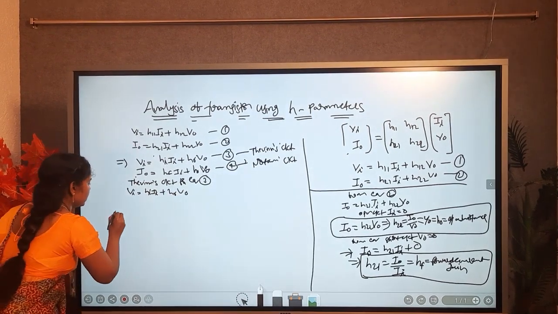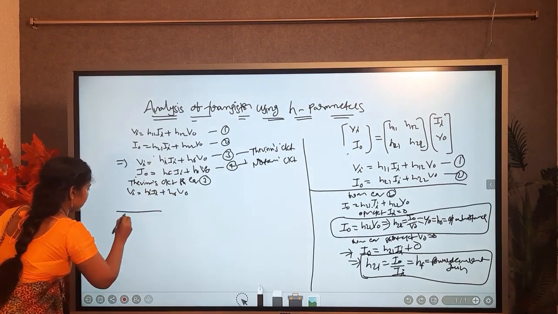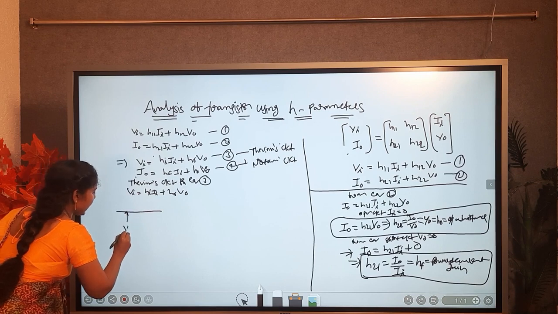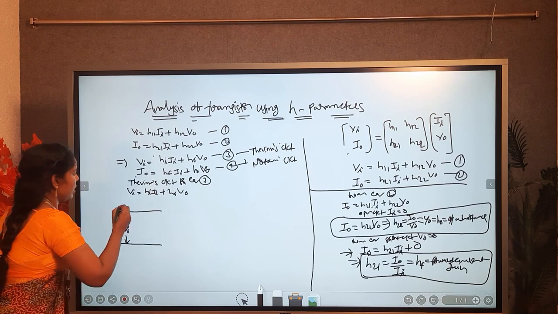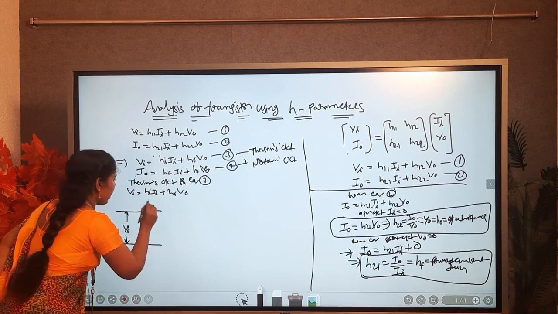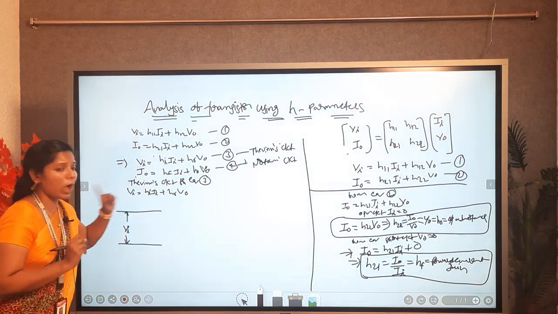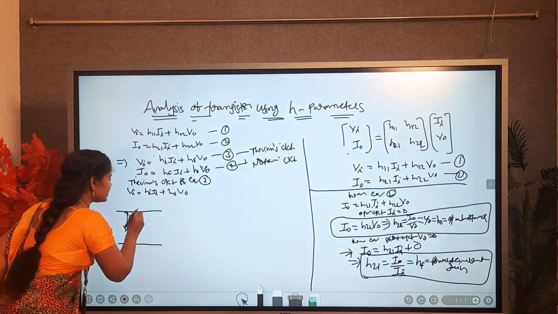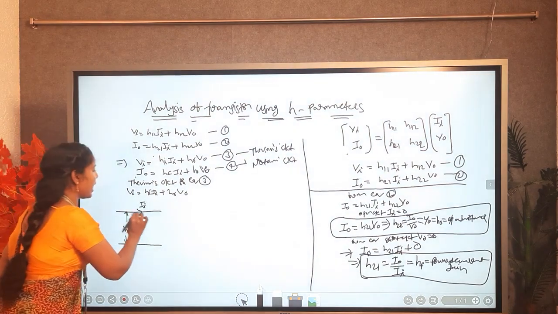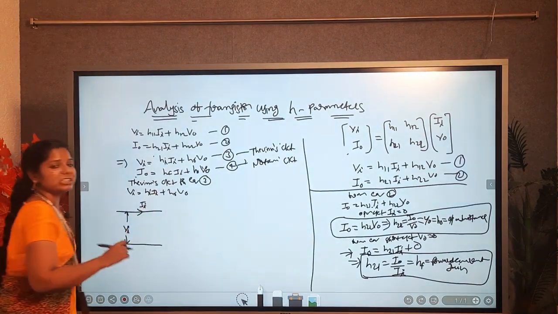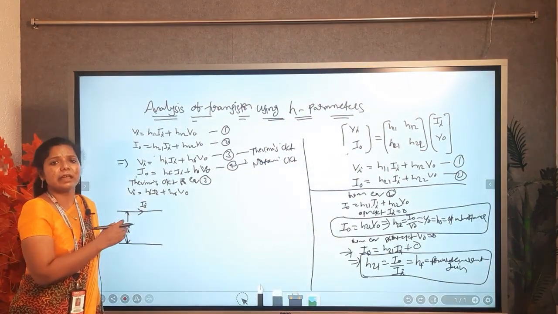So this is the Thevenin circuit. This is the Vi, the input voltage. Vi equals Hi into Ii. Ii is the input current that flows, and Hi is nothing but the input resistance.